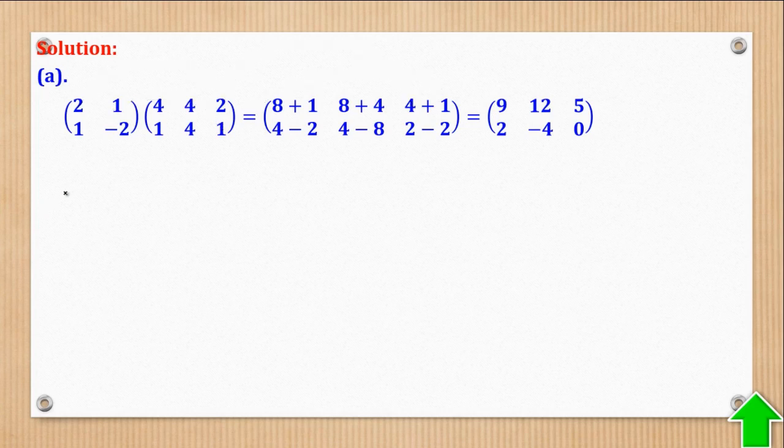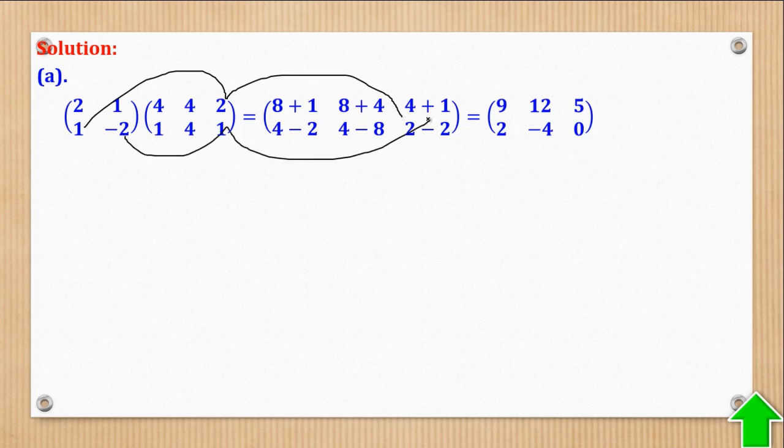Now for the second row, we shall deal with these ones. For example, this with this gives you 4, and this with this gives you -2. Then do the same for B. This with this gives you 4, and this with this gives -8. Then this with this gives you 2, and this with this is -2.